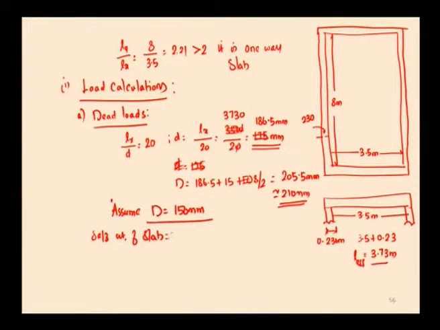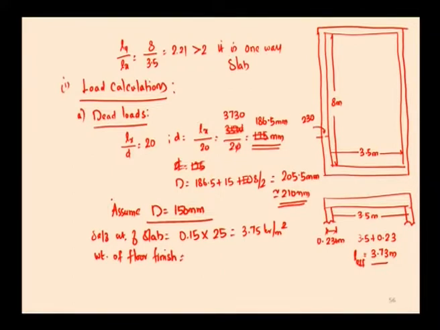Self weight of the slab is the overall thickness of the slab, that is 0.15 meter, into the unit weight of concrete, 25, that is equal to 3.75 kilonewton per meter square. In the problem, they have asked us to consider other dead loads also. So, besides the self weight of the slab, another dead load is the weight of floor finish. Normally, in a building, we provide 1 inch thick flooring.